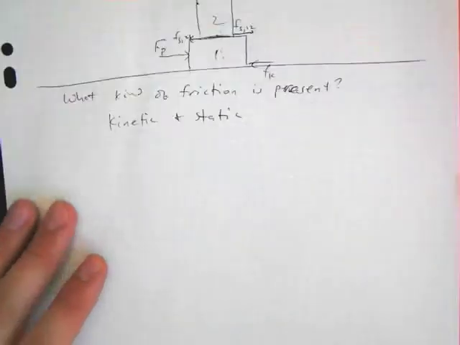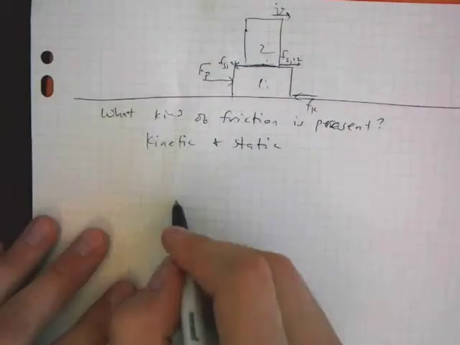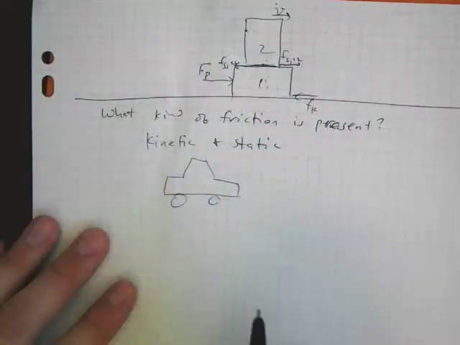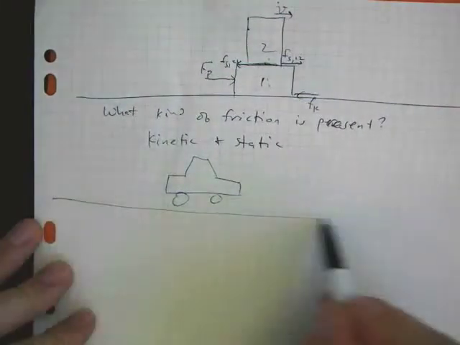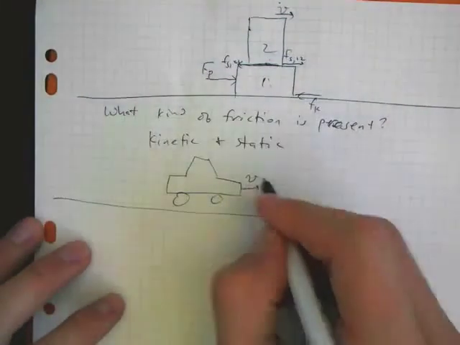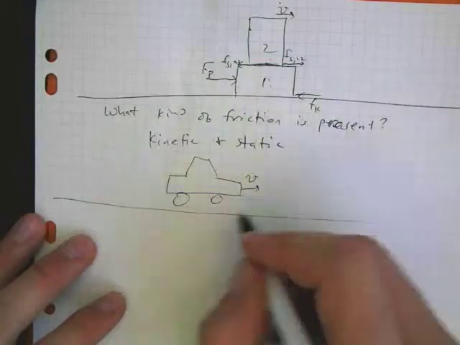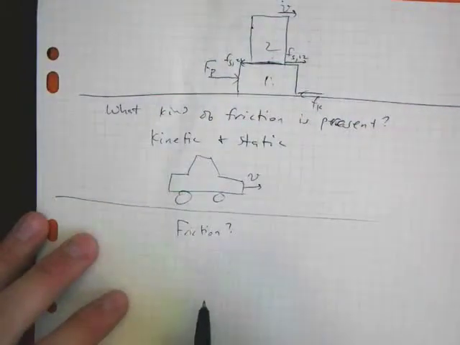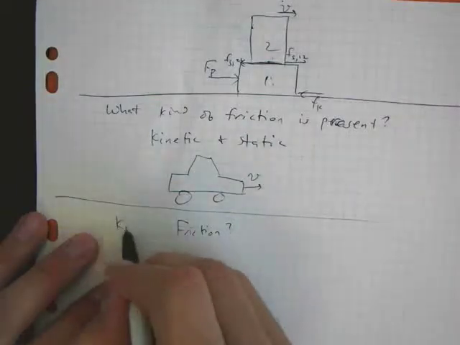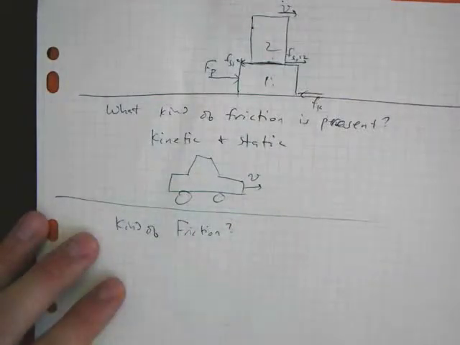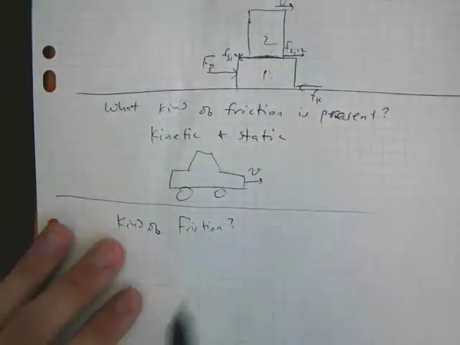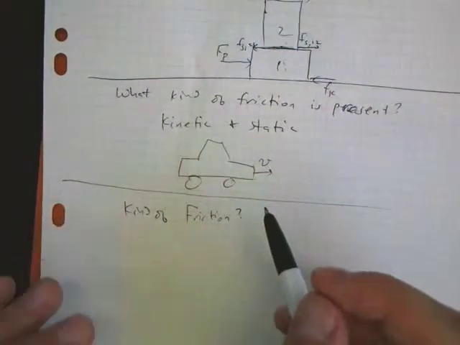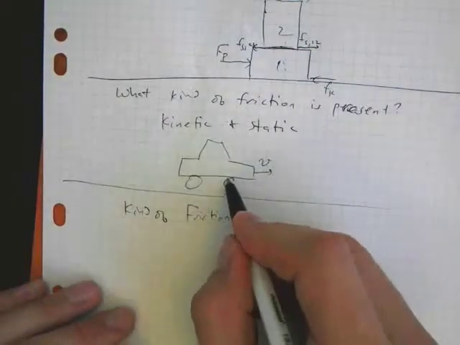Okay. Another question. We've got a car. Beautiful car. The car is moving along with some speed. The tires are rolling. What kind of friction? Again, the answer seems like it would obviously be kinetic friction because the car is moving, right? But that's actually not the case.